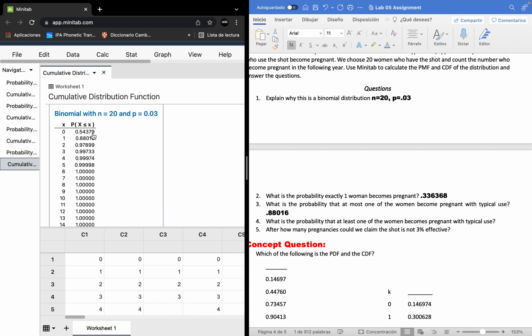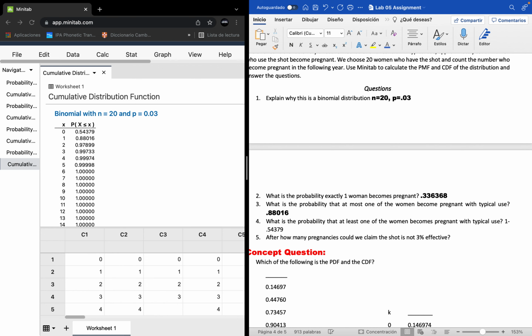I got 0.4561. 1 minus 0.54379, I got 0.45621.